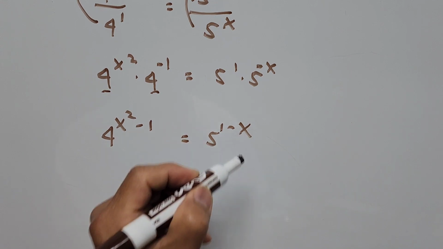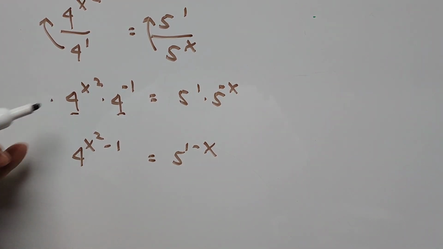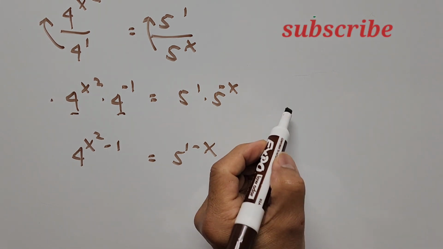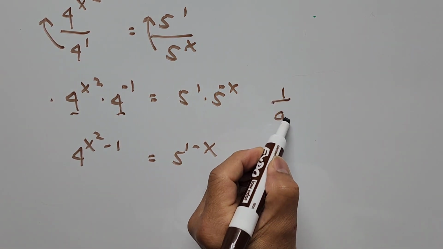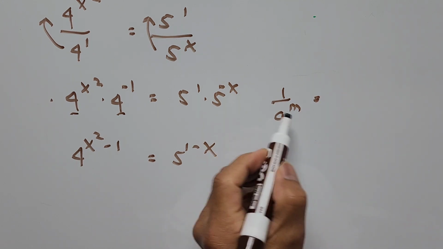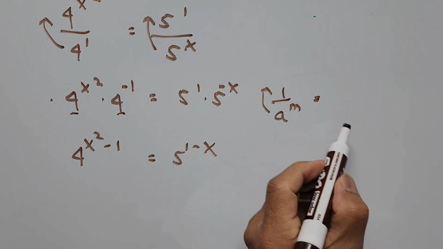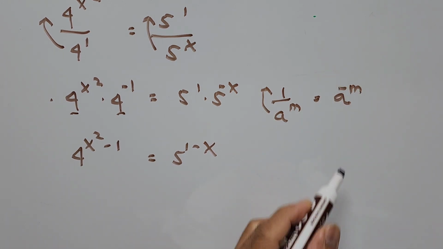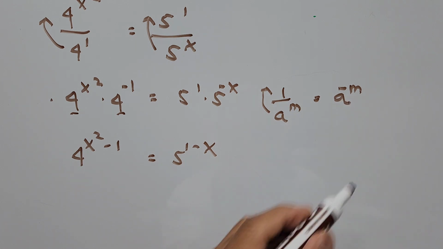This is based on the exponent formulas. First, 1 divided by a raised to the positive exponent m is equal to, moving the denominator to the numerator, a raised to the power of negative m, so the exponent goes from positive to negative.